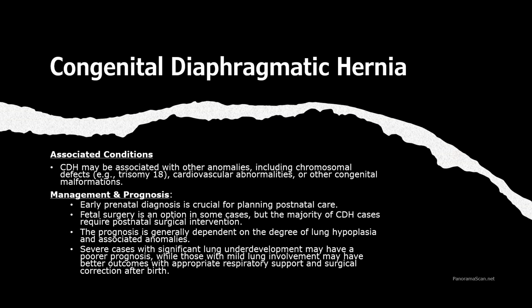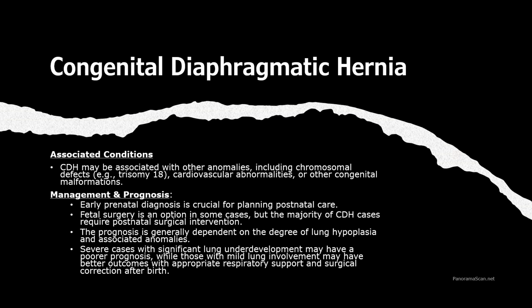The prognosis for CDH largely depends on the degree of lung hypoplasia and any associated anomalies. Severe cases with significant lung underdevelopment often have a poorer prognosis, as the underdeveloped lungs can struggle to function properly after birth.